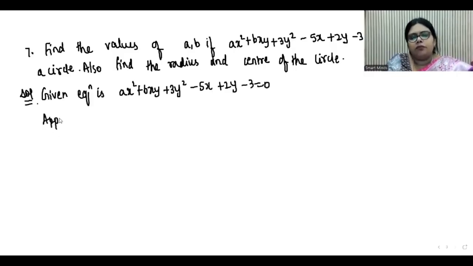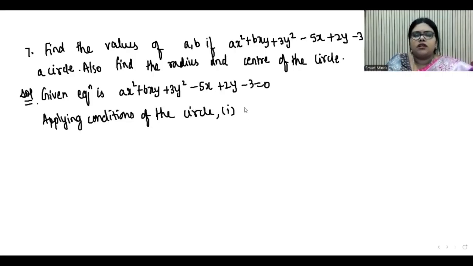Now here we will apply the conditions of the circle. So the first condition is coefficient of x square is equal to coefficient of y square. So with this you get a is equal to 3.